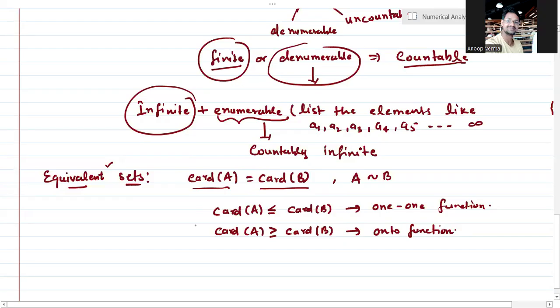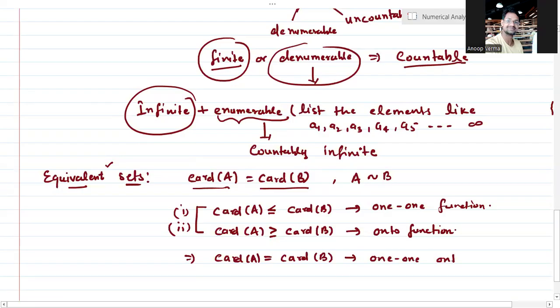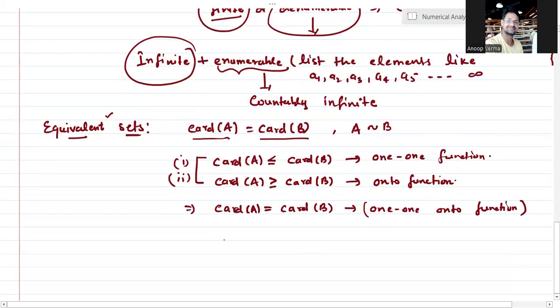If we combine these two, this implies that if the cardinality of A is equal to the cardinality of B, then there exists a one-one onto function. So it means that a set A is equivalent to B if there exists a function f from A to B which is bijective.